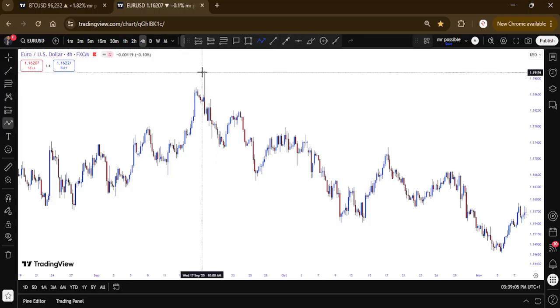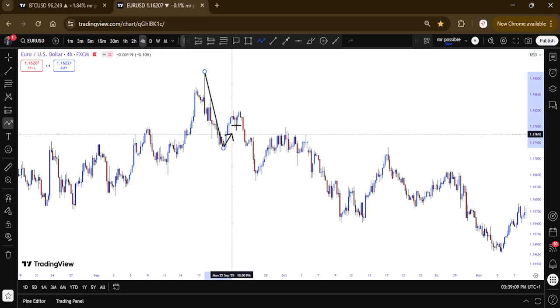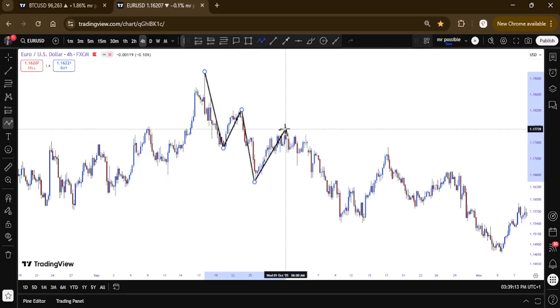For instance, this is the 4-hour chart. We have our resistance here, we have a support here, we have a resistance here, we have a support here, we have a resistance here. Wherever price gets to before bouncing off, for instance, when price gets to a low and starts to buy, that low becomes a support. When it gets to a high and starts to sell, that high becomes a resistance.